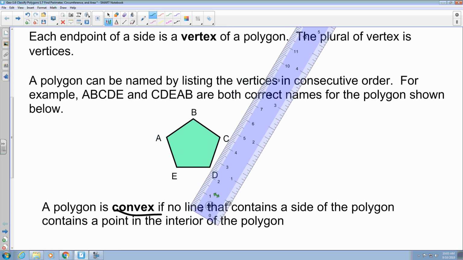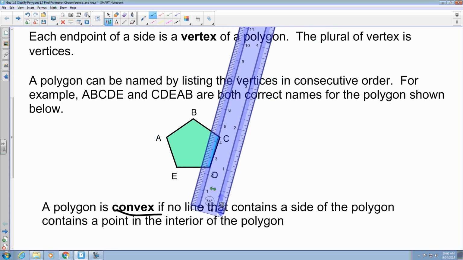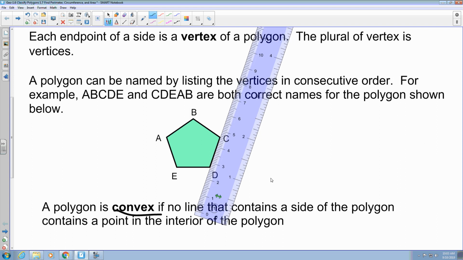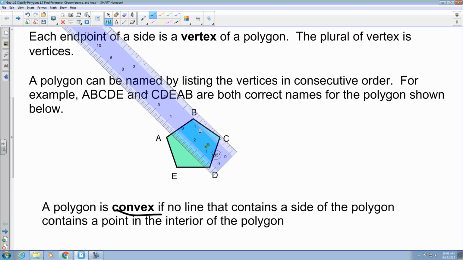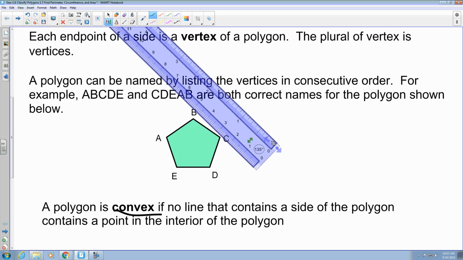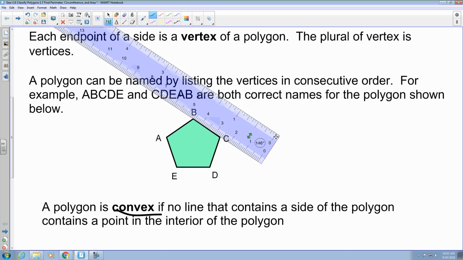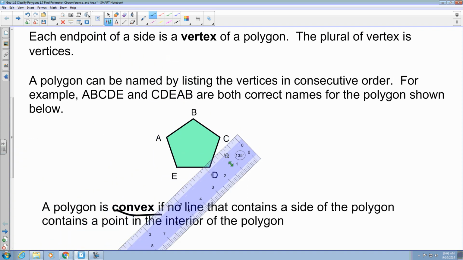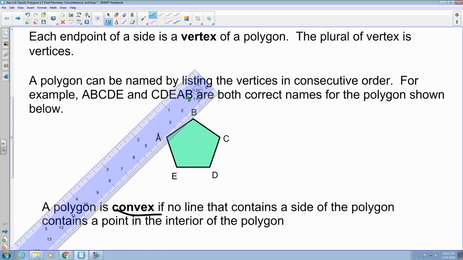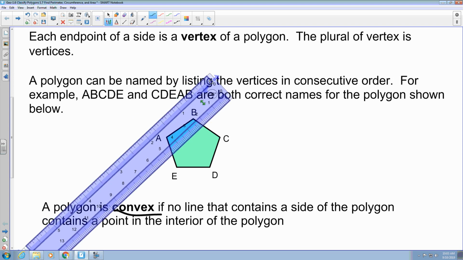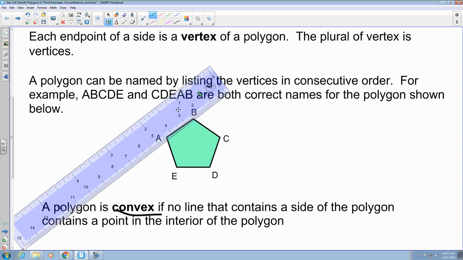So now I go over here and look at the next one, which is CD. It's not intersecting the interior. So I go to the next one, BC. Same thing. Go around. Good. Got AB. Good.